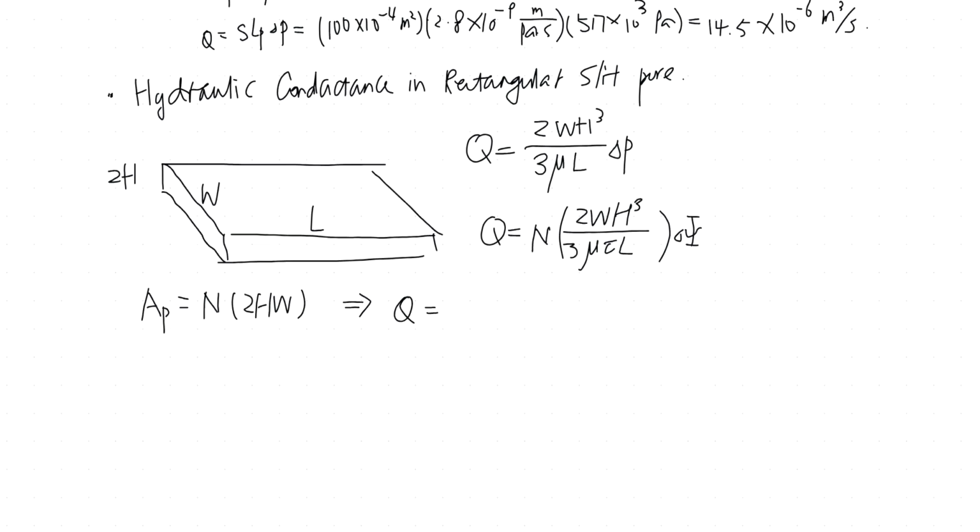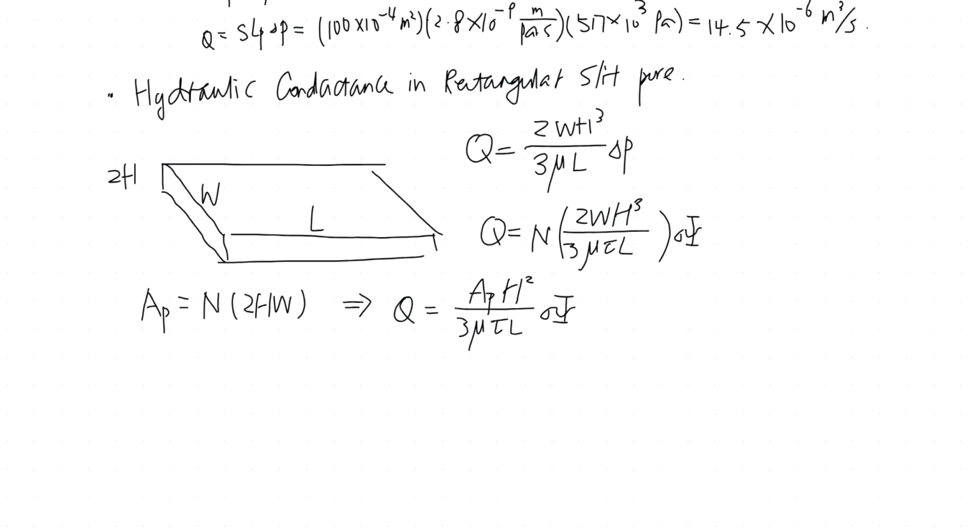It will give you A squared divided by 3 L multiplied by delta psi.